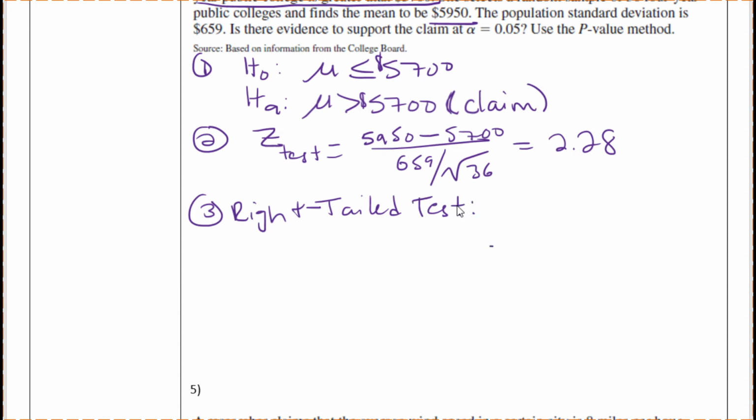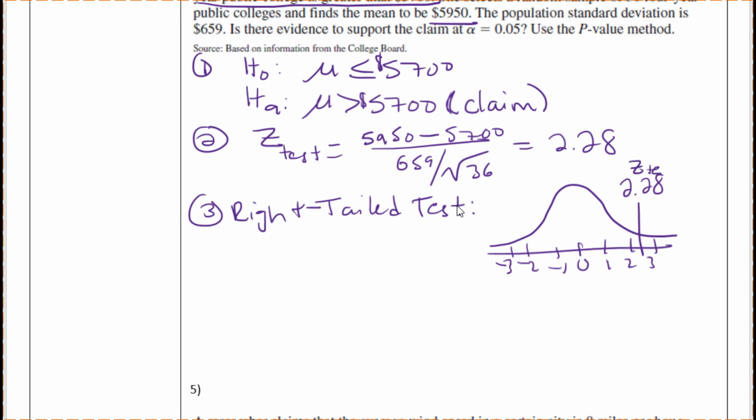If we label it on our chart, we have 0, 1, 2, 3. So we have 2.28 over here. That's our z-test. We don't have a negative version on the other side because we're only doing a one-tailed test, so we're going to shade the right side.